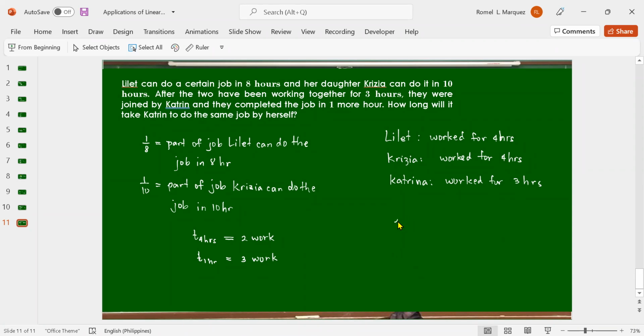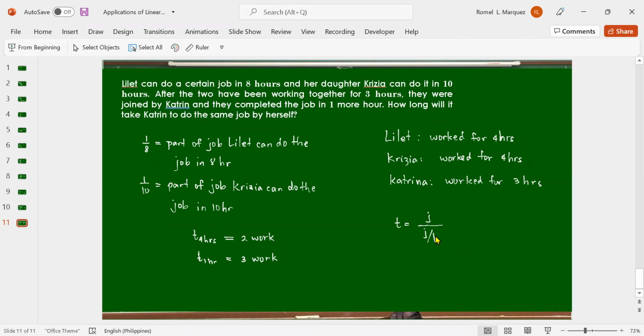Paano ba nakukuha yung job? Job work. Job is equal to rate times time. So this is ang time, job over what? Over job, job done, that whole job over job per unit time.